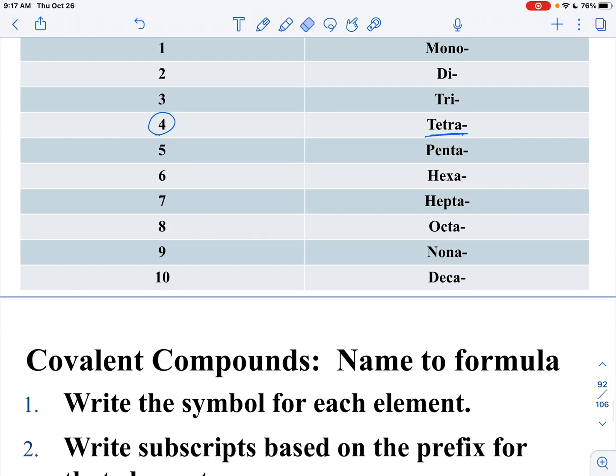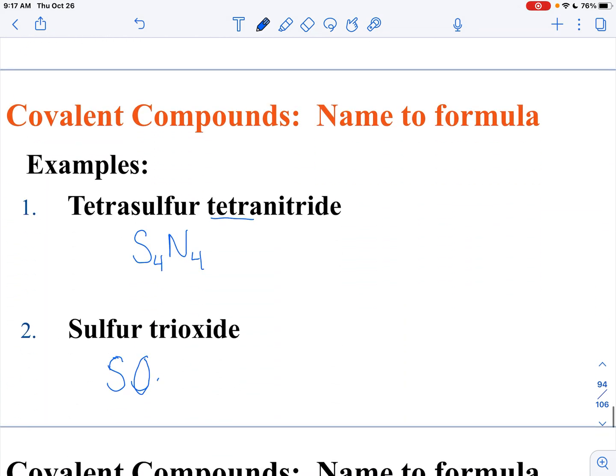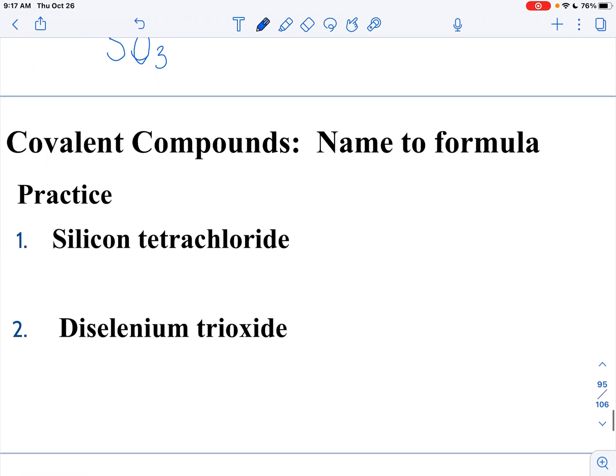And then if you go up here, your prefix is tri, so our subscript is 3. That's it. No crisscross, no simplifying. So go ahead and try these and then come back for the answers.